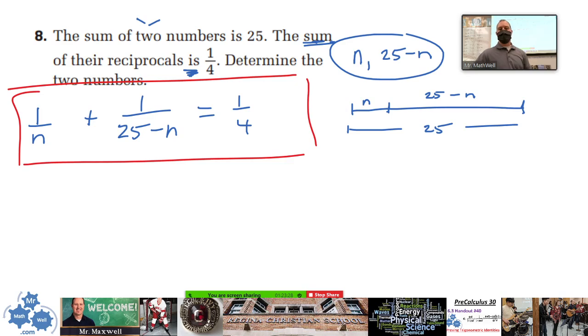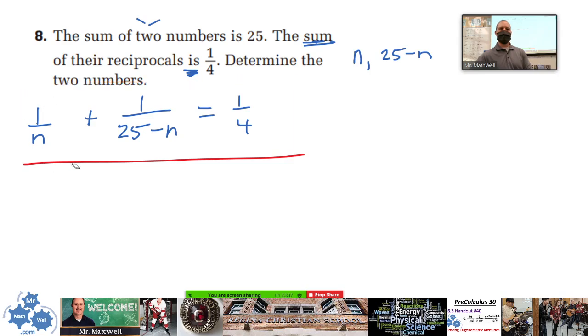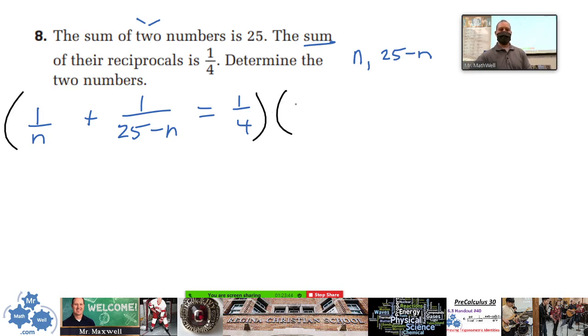Now what you want to do is everything that we've learned in this section. You want to pick out a number, or factors, that you can multiply to eliminate the denominators. So let's say we multiplied everything here by n and 25 minus n and 4. If you multiply each term by each of these three, you'll get rid of all the denominators.